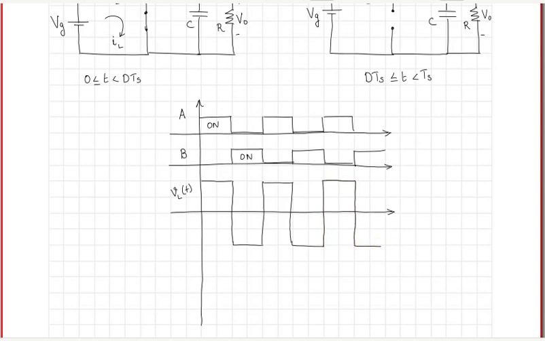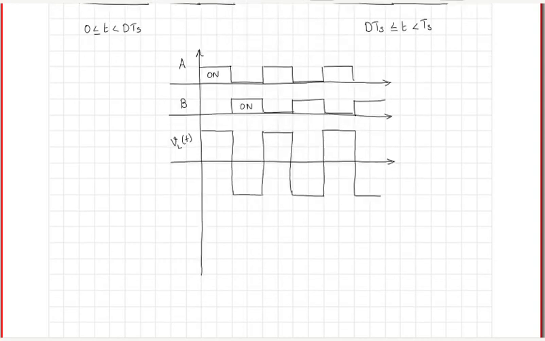Now if this is the voltage across the inductor, we can also draw the current through the inductor. Let us assume that the current through the inductor is starting from some point in steady state.